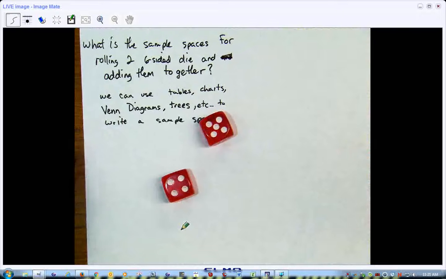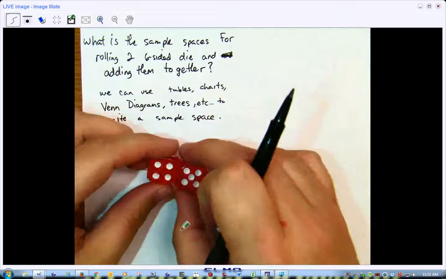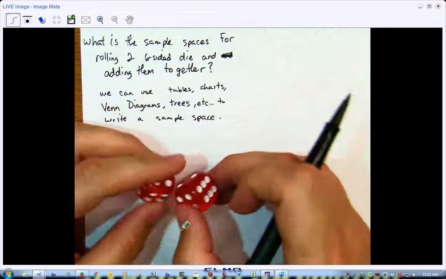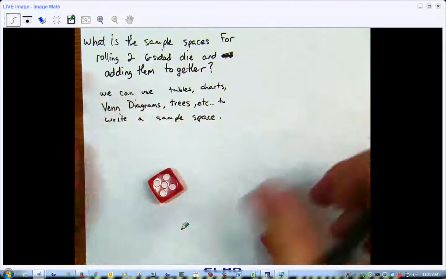What's the sum of those two numbers? 9. So what we need to do is come up with every single possible outcome that could happen. And the best way when you're rolling dice like this is to draw a table.